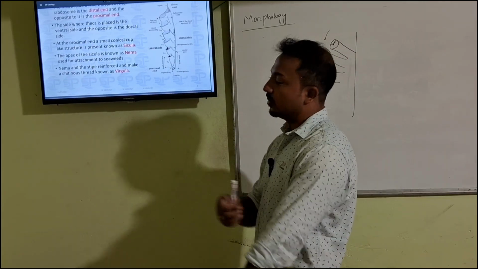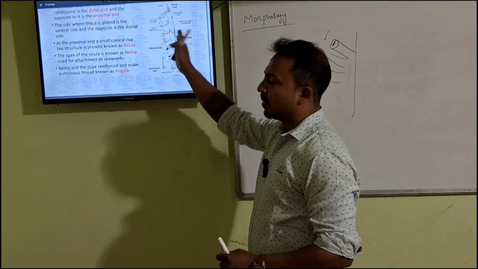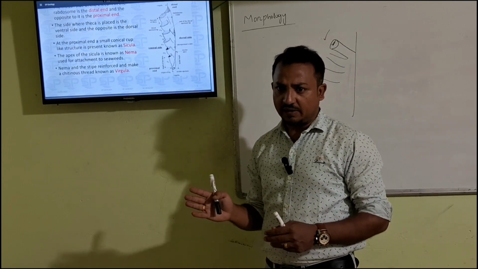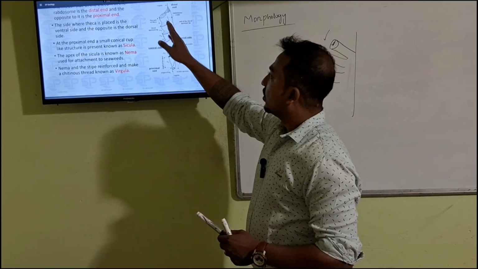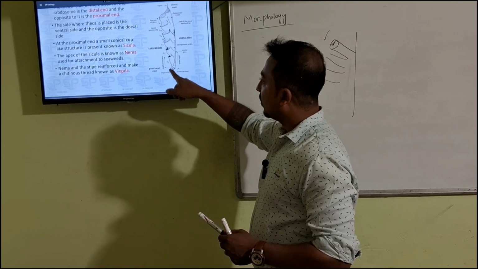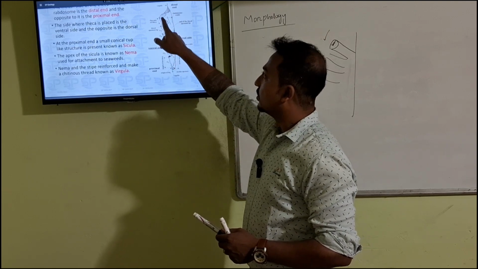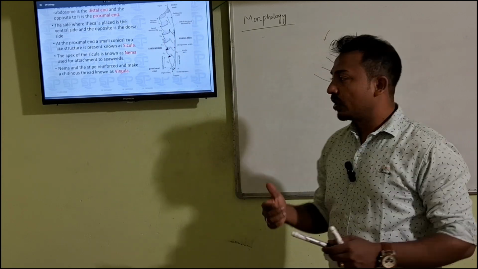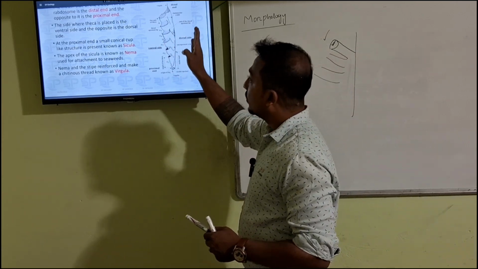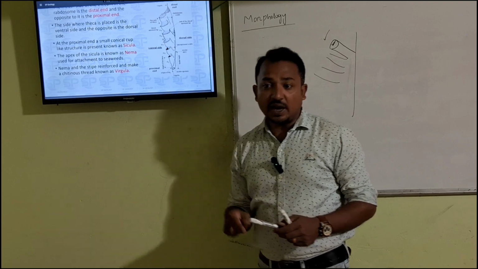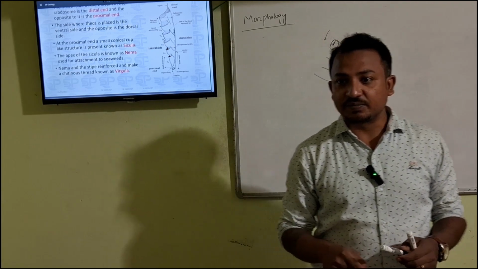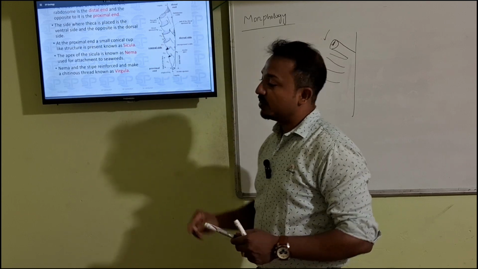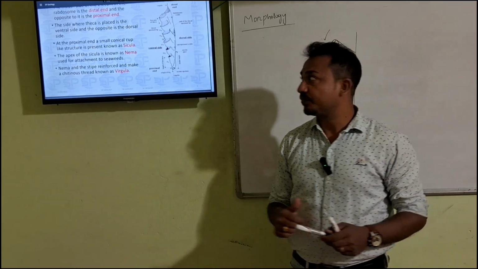Thecae can be present on one side, on both sides, or either side. The side where the theca is present is called the ventral side, and the opposite is called the dorsal side.